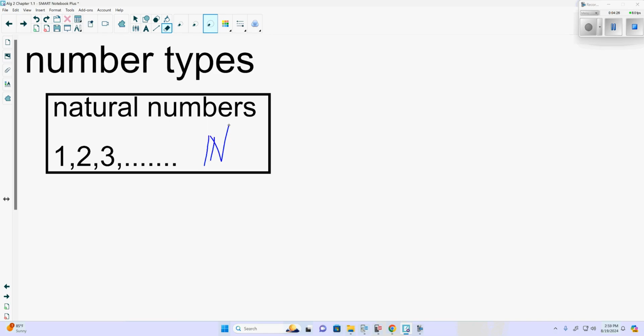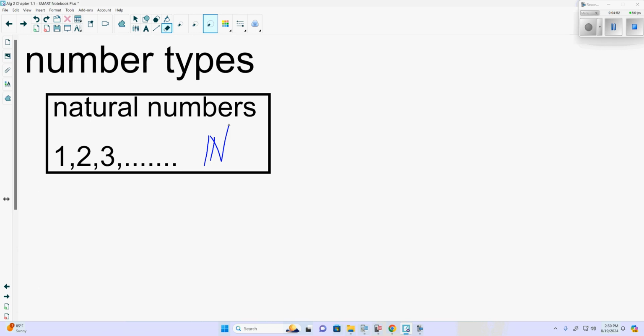It is an N with 2 lines. That is our symbol for natural numbers. Questions about the natural numbers?